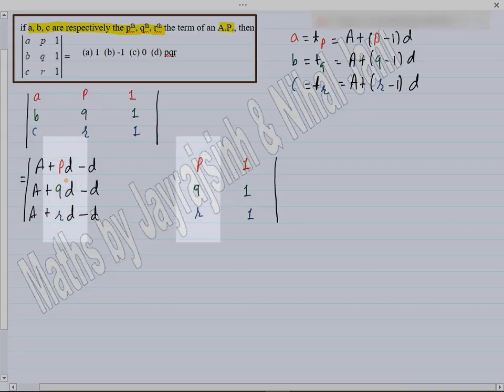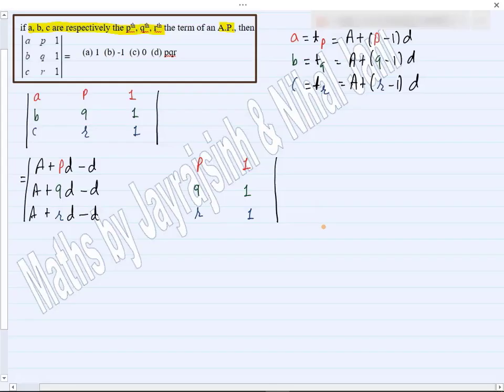Here we have p, q and r with the multiplication of d, which can be eliminated by taking operation C1 gives C1 minus dC2, or we can say we have to multiply minus d to the second column and add into the first column. So p into minus d will give us minus pd, then minus qd and minus rd.